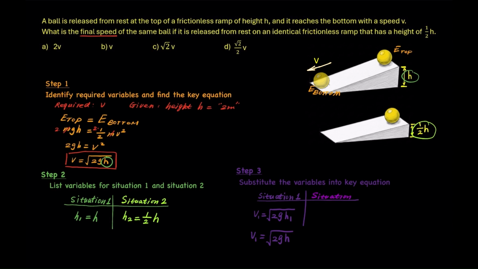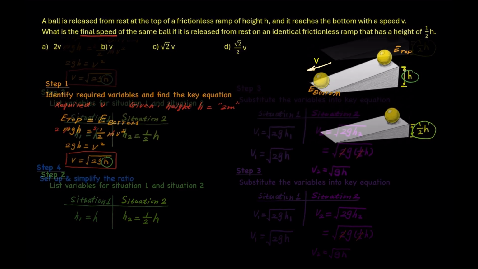Now for the second situation, let's call the new speed v2. v2 equals square root of 2g multiplied by h2. Now we substitute 1 over 2h for h2. So we get v2 equals square root of 2g multiplied by 1 over 2h. The 2 in the equation and the 1 over 2 in the height cancel each other out. So the new speed when the ball reaches the bottom is square root of gh.